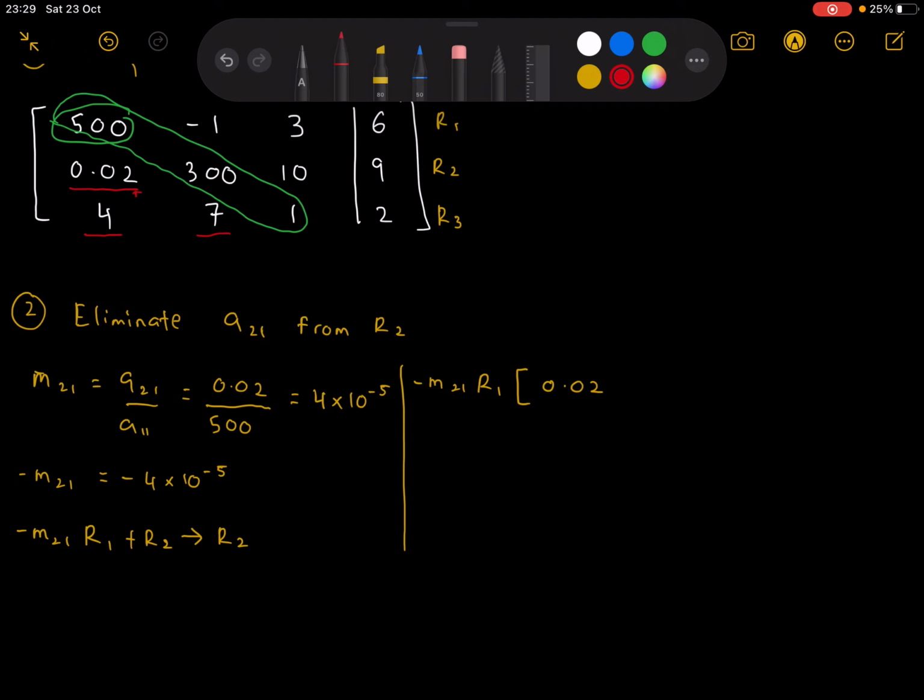So basically we're going to multiply the multiplication factor with all the values from row number 1.